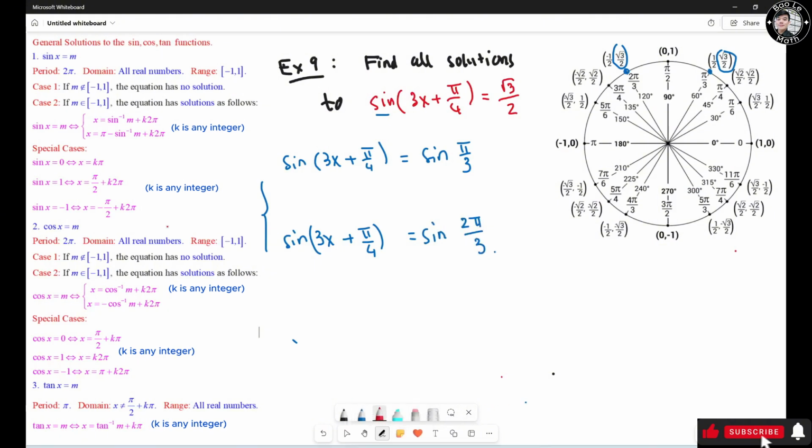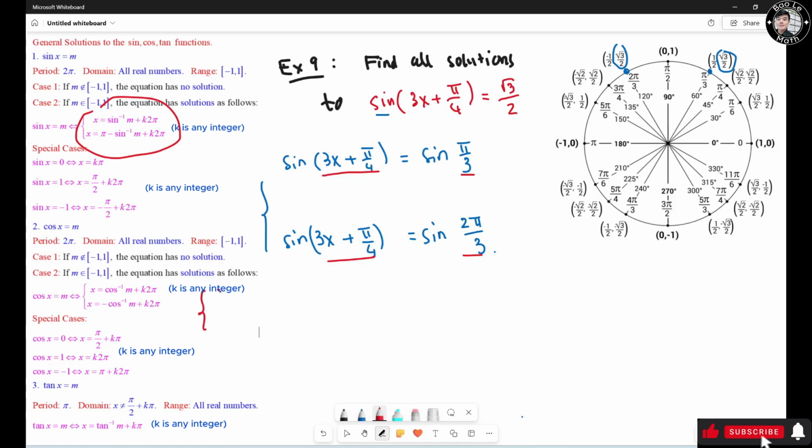Or you can use this formula right here. You just take pi and subtract pi over 3, and this is actually 2 pi over 3. So you just equate this one with this one, and this one with this one. So we have a system of two equations.